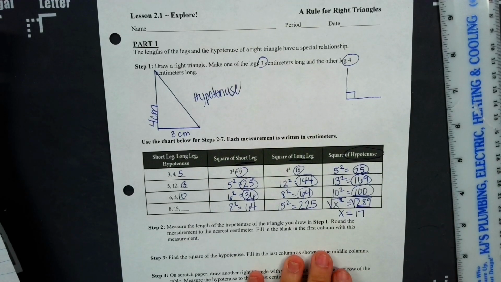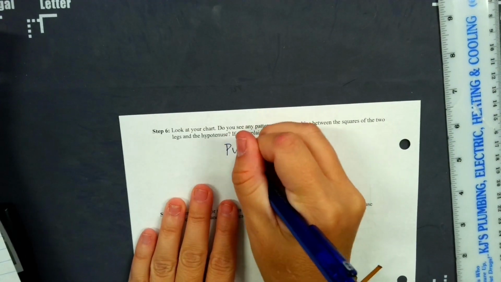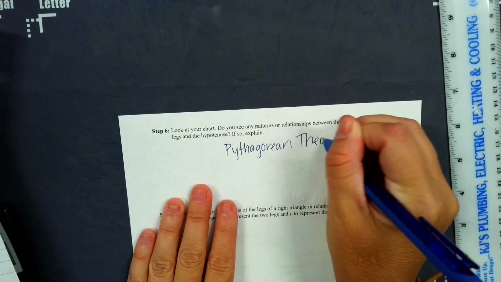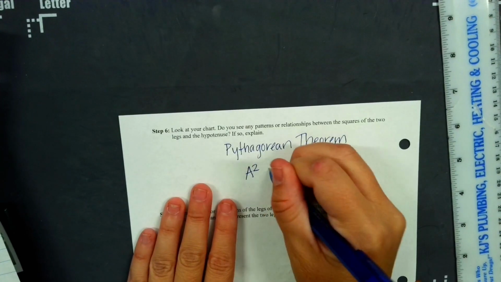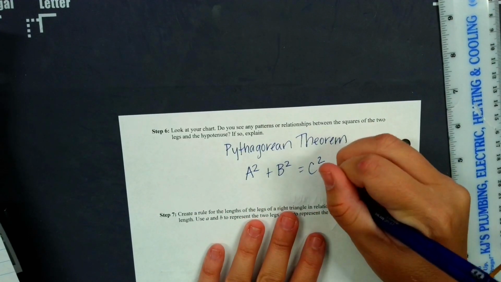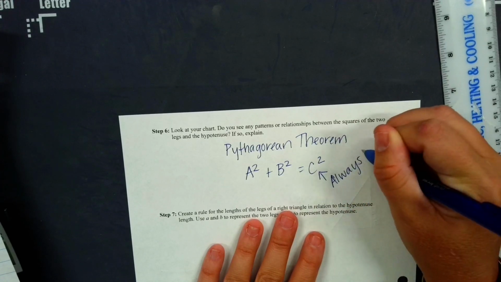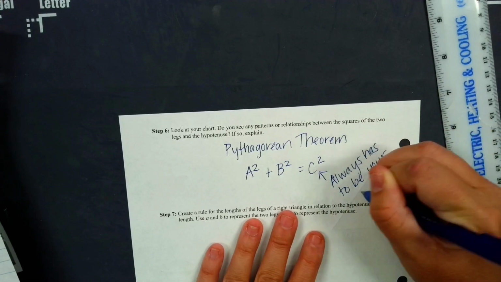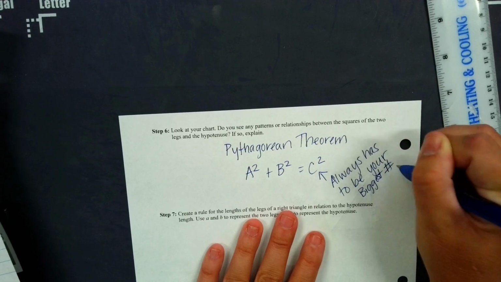This is called, go ahead and flip the page over. We're going to write it right up here. This is called the Pythagorean Theorem. A squared plus B squared equals C squared. C always has to be your biggest number.